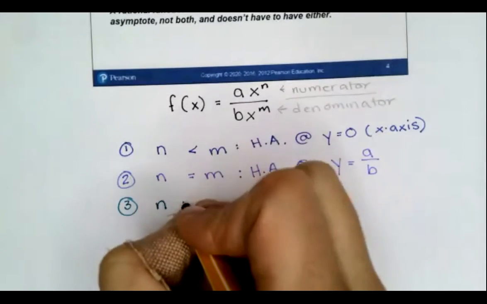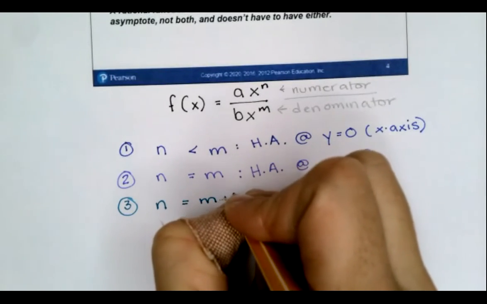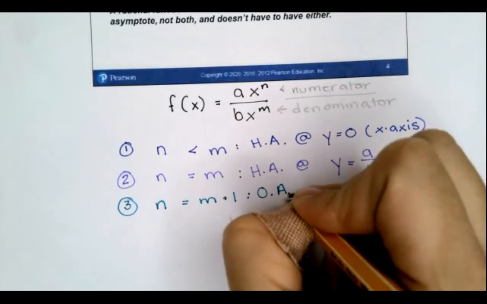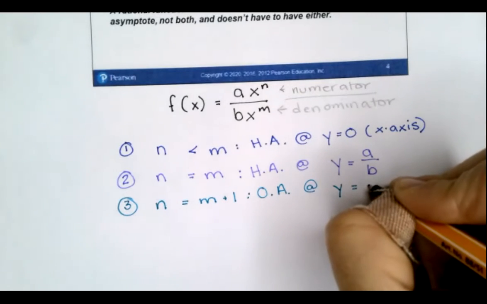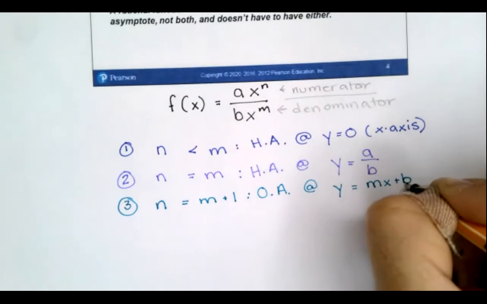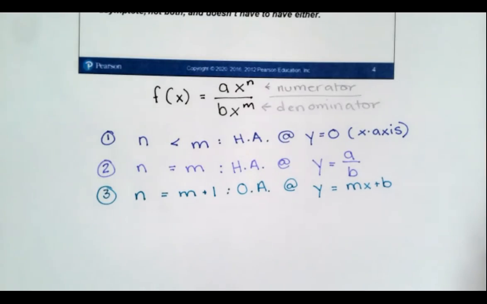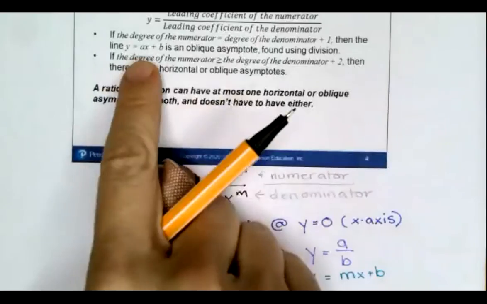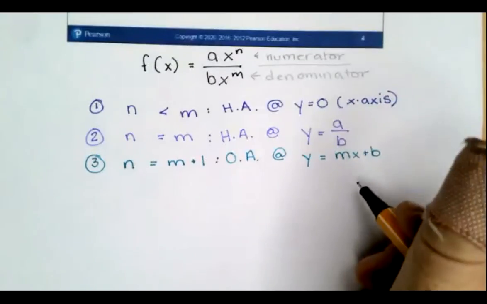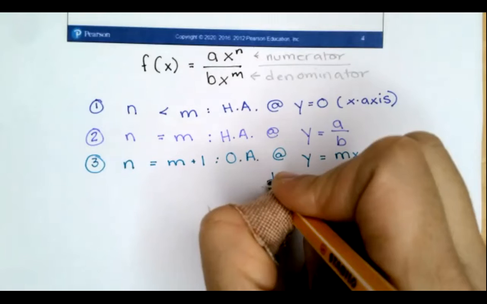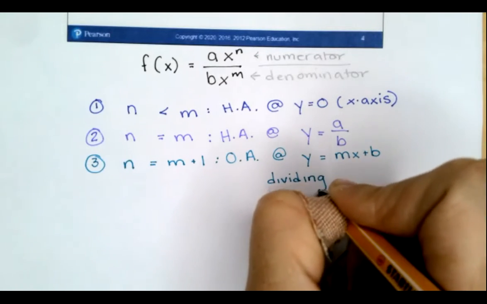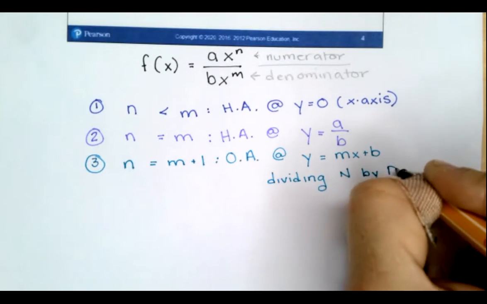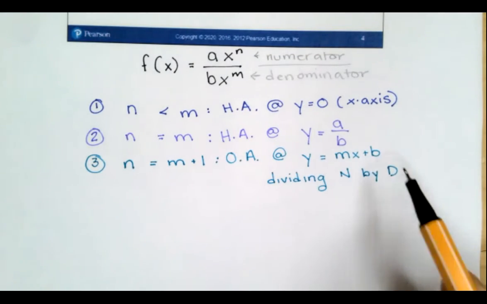So if n is equal to m plus 1 exactly, then you have an oblique asymptote at y equals mx plus b, just to remember that it's a straight line, found using division, because you divided all of your numerator by all of your denominator until you got an m and a b.